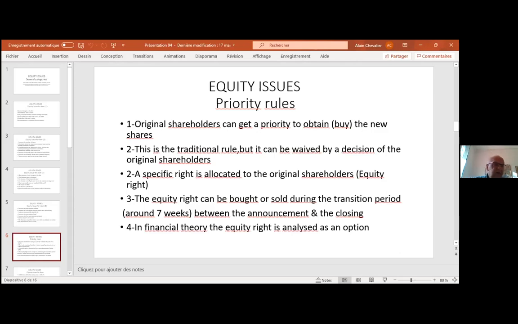And the only way to eliminate, to cancel, to waive this traditional rule is to obtain a decision in a shareholders meeting of the original shareholders. So they do that when they don't have any other solution, because they will be diluted, as we will see later.